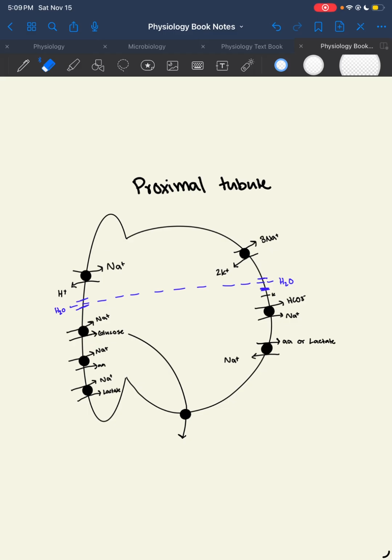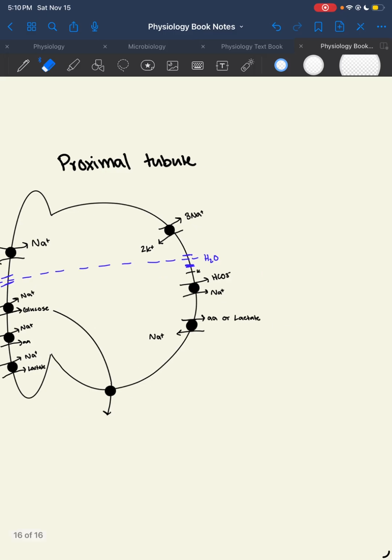If the substance is freely filtered and not reabsorbed or secreted, its clearance equals the GFR. Creatinine is commonly used because it is produced by muscles and filtered by the kidneys. Although a small amount is secreted, creatinine clearance gives a good estimate of GFR.